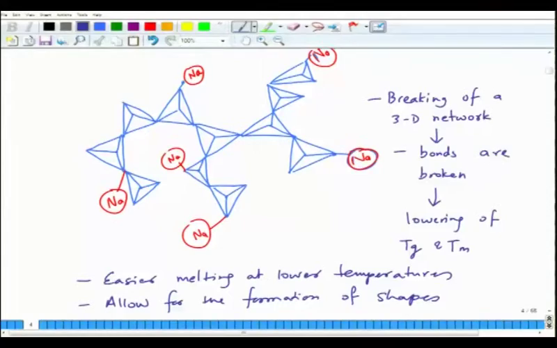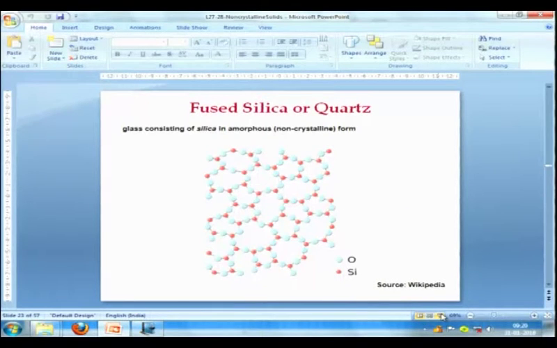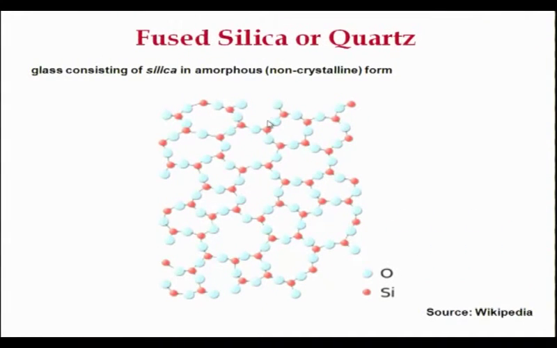So for example, you can have a situation like this, in which you have a fused silica or quartz structure in which there are no impurities, it is 99.8, 99.9% pure silica. So basically it is a glass which consists of silica only, but in amorphous or non-crystalline form. So here you can see that you have each oxygen atom. These are silicon atoms, these ones, and these are oxygen atoms.